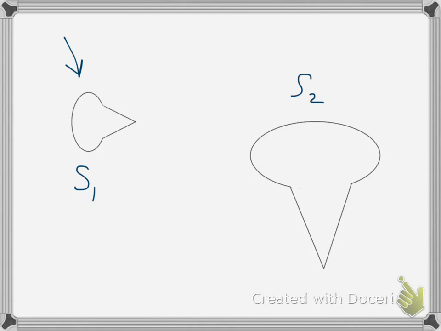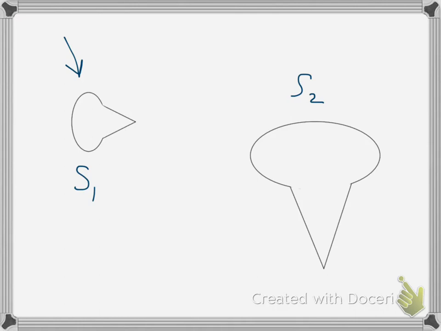But could I get it to lie exactly on top of figure S2? Well, not necessarily, because it looks like it's been dilated from maybe a different center or something.